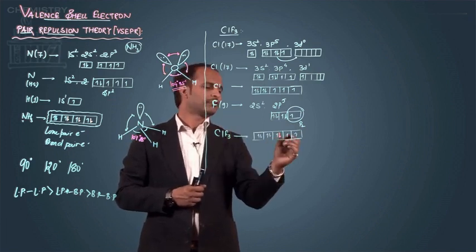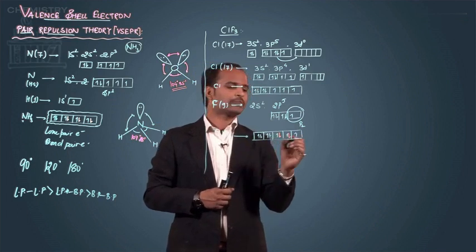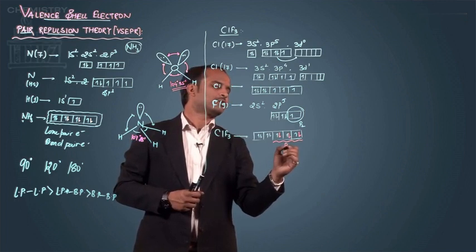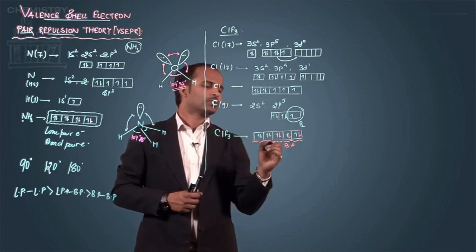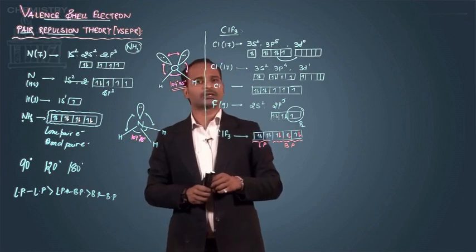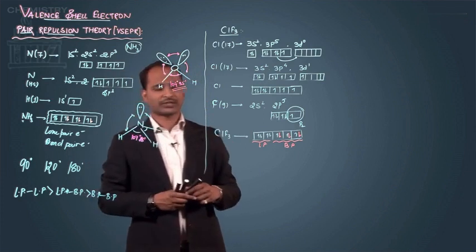We have a total of 3 fluorine. The second fluorine pz orbital will overlap with this unpaired electron of chlorine, and the third fluorine will overlap here. So these 3 pairs of electrons are bond pairs, while these 2 are called lone pairs, as they are pairs of electrons that don't take part in bonding.